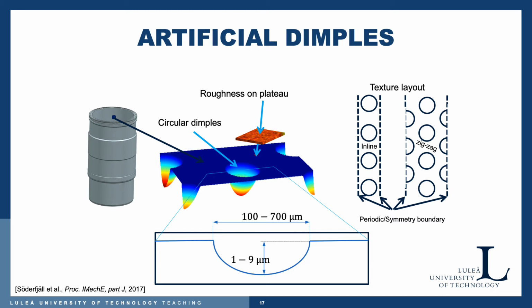This is the mathematical representation of those textures, circular dimples. But on this seemingly smooth plateau, we also imposed surface roughness, namely the plateau honed roughness as we can measure in a cylinder liner. And this is the typical size of the dimples that was studied.